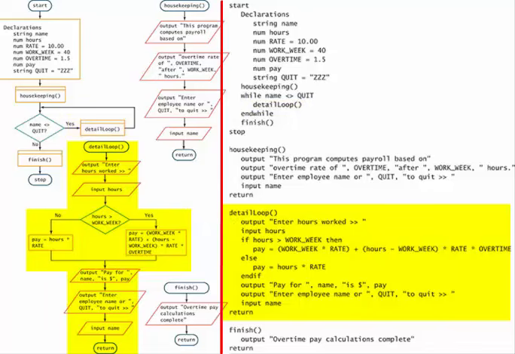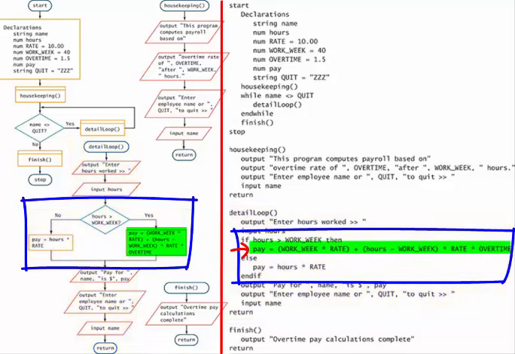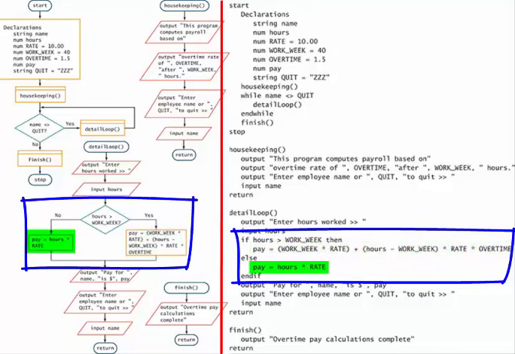It shows us the selection, our decision. So if hours is greater than work week, then we're going to do the extended calculation, our extended clause for pay. And then within our else clause, we'll do our shorter calculation for pay. And then we end our if.